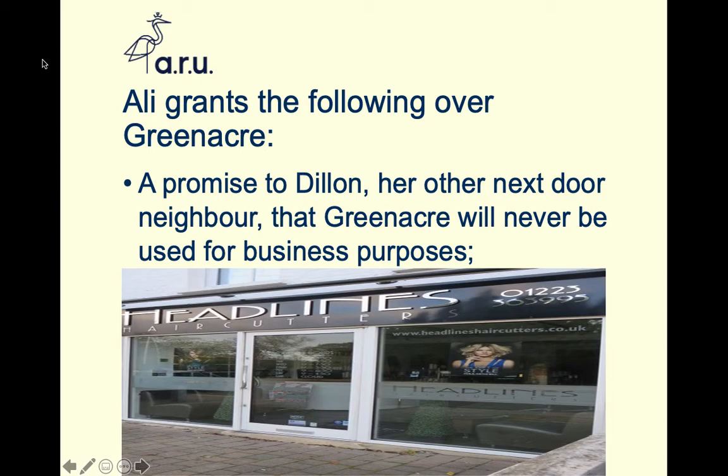So Dylan will only ever have an equitable interest in the land under section 13 of the Law of Property Act 1925. So we've looked at a beneficial interest under a trust being equitable. We've looked at an easement being potentially legal or equitable, and this covenant only ever being capable of being equitable.